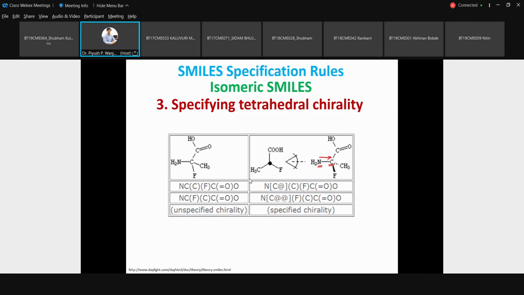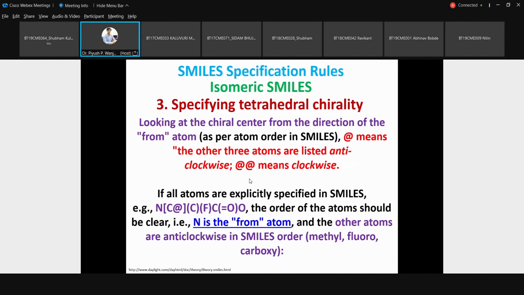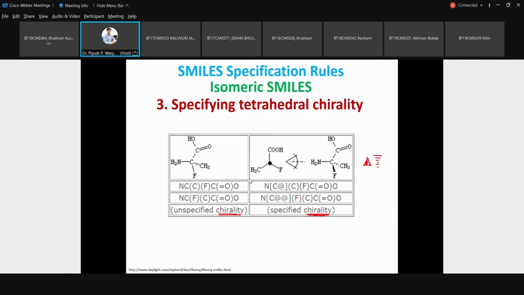Okay, so if you see the details I have mentioned here on the slide, you always have some chiral center and you are looking from a from atom. Here your chiral center is carbon, and you are looking from the nitrogen.